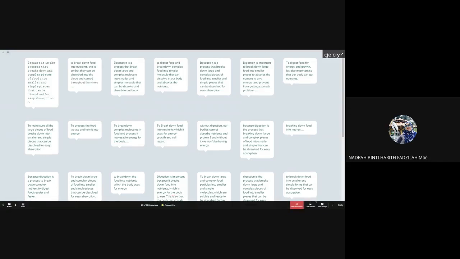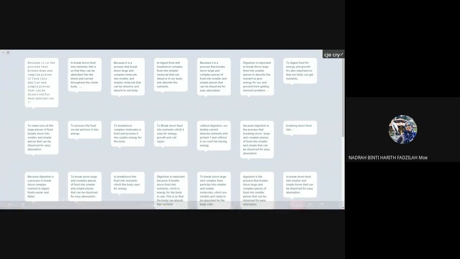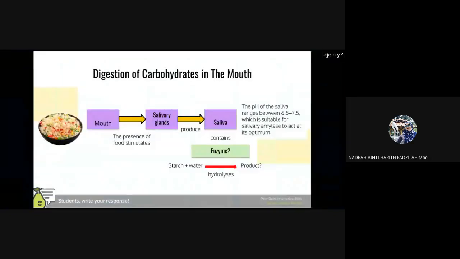Kita nak tengok what are the hormones secreted by the organs atau the structures, and then what are the reactions involved, what are the products formed after the reaction. Okay, saya pergi ke slide yang seterusnya. Minta maaf, saya terpaksa potong kamu punya semangat untuk menulis tu.